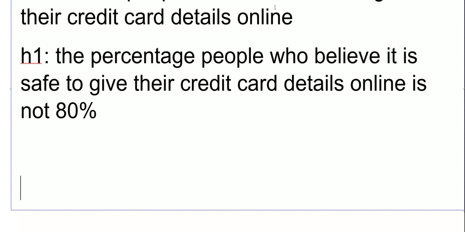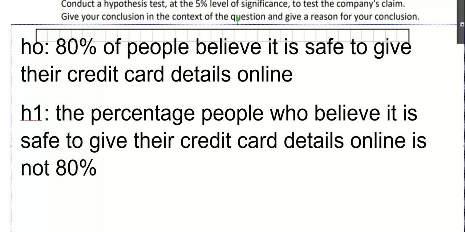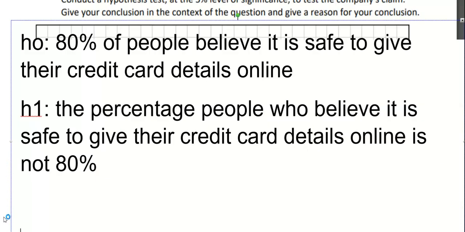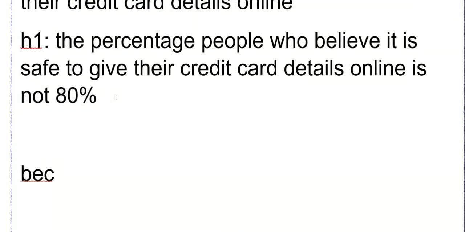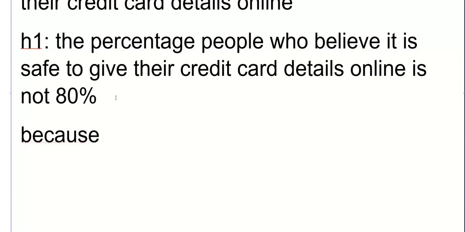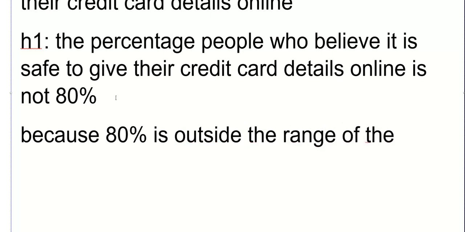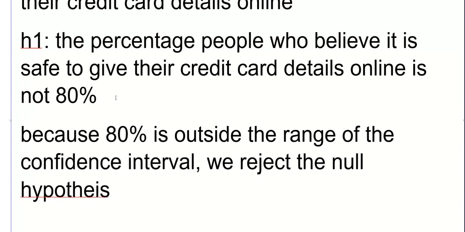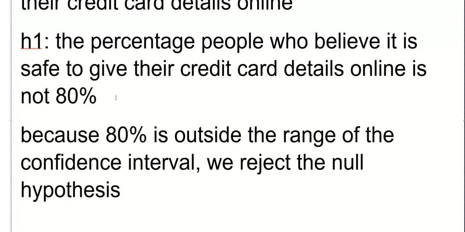Now, what we're going to do here is, because 80% is not in the 95% confidence interval, because 80% is outside the range of the confidence interval, we reject the null hypothesis, and the null hypothesis is H0. So we reject the null hypothesis.